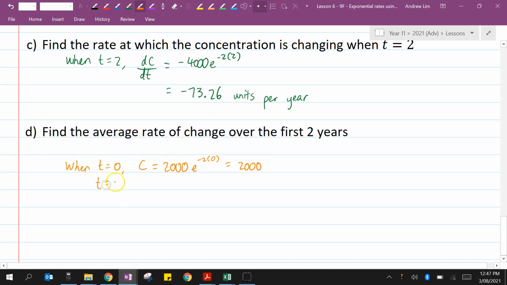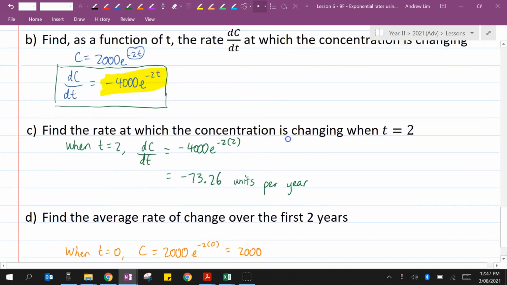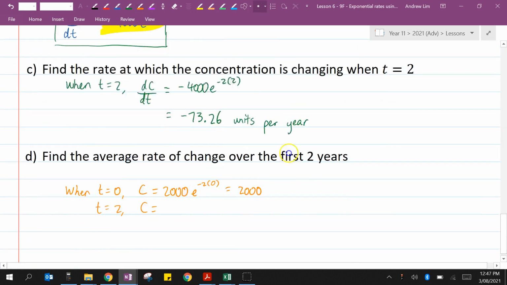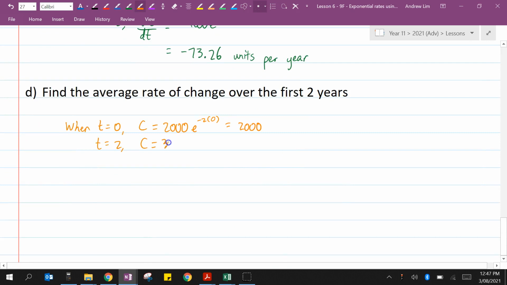When t is equal to 2, C is equal to, have we already worked this one out? We have, right? Question A. Find the concentration when t is equal to 2: 36.6. So we want to find an average rate of change for the first 2 years.